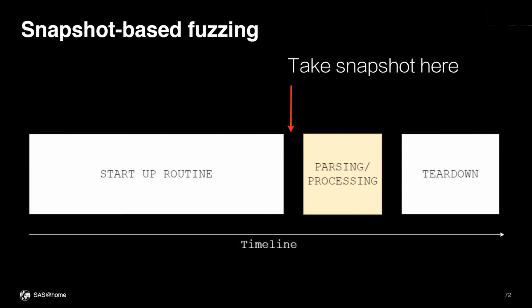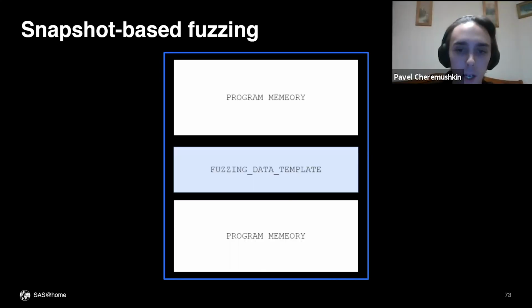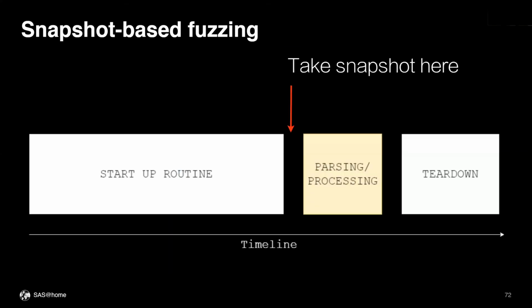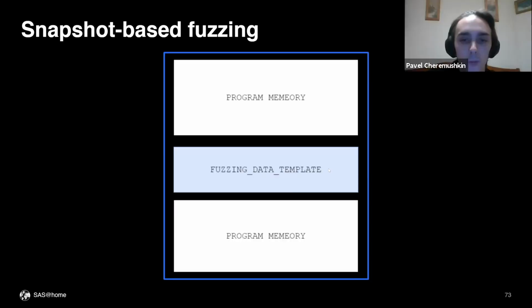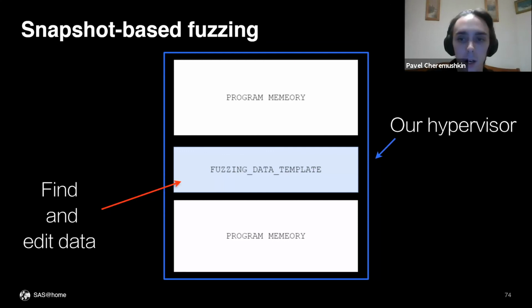So you take a snapshot inside this timeline of virtual memory and registers of this application, and you take this snapshot before the first byte influences the control flow of the program. Next, inside this snapshot, you find your template of the data that you have supplied to this program, and you run this program again inside your own hypervisor.